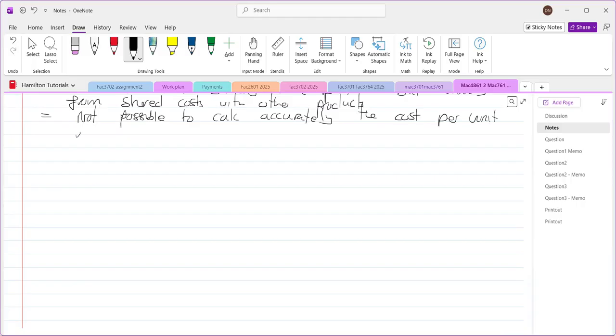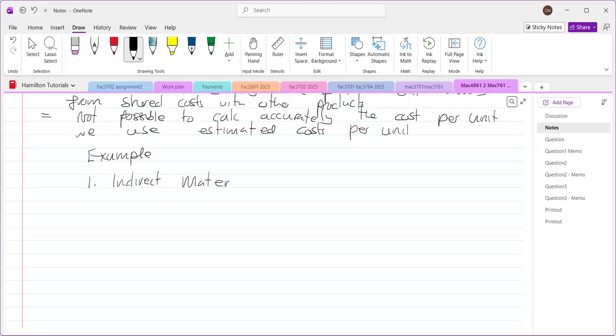Instead, we use estimated cost per unit. Right, let's look at examples that we can give. All right, so we do have what we call indirect material.